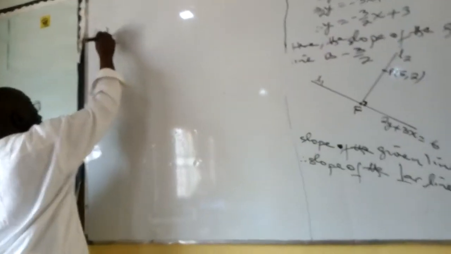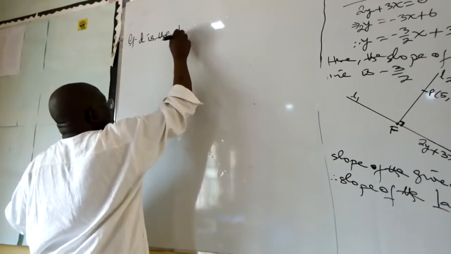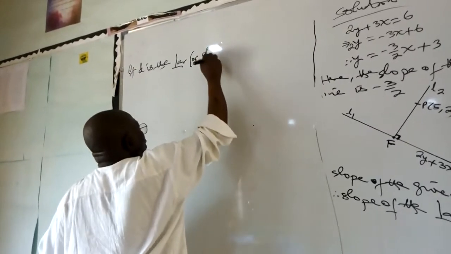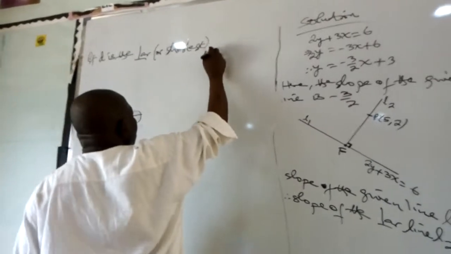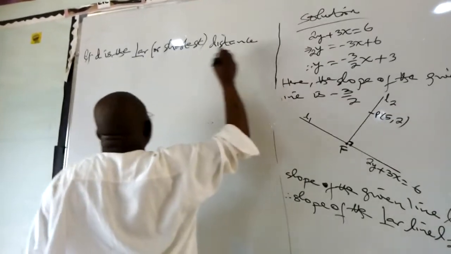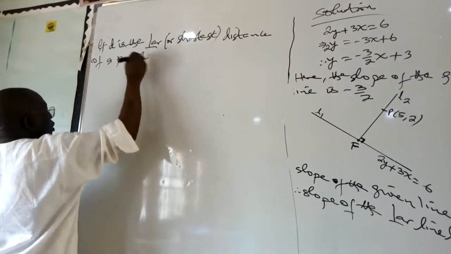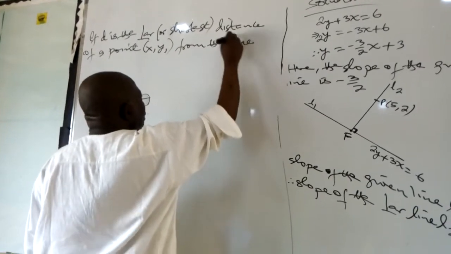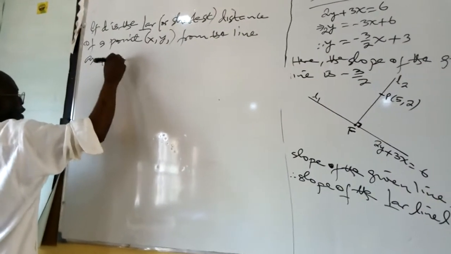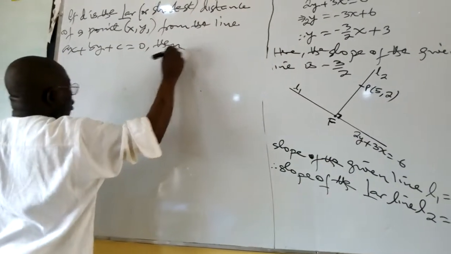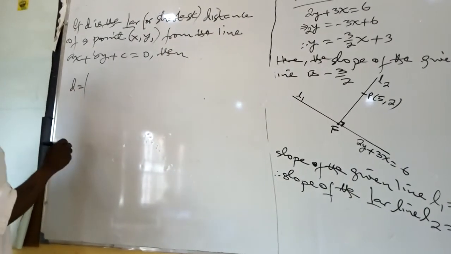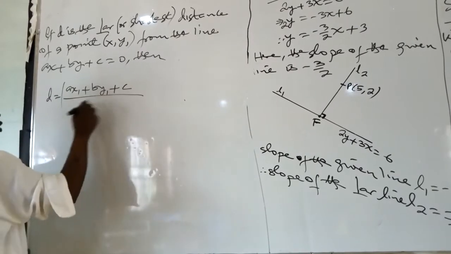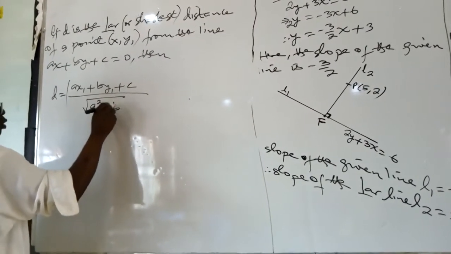If d is the perpendicular or shortest distance of a point (x1, y1) from the line ax plus by plus c equals 0, then d is equal to the absolute value of ax1 plus by1 plus c over the root of a squared plus b squared.